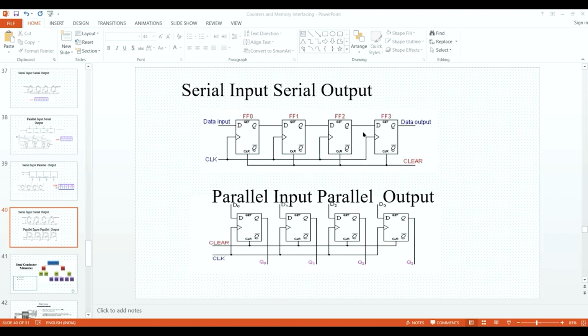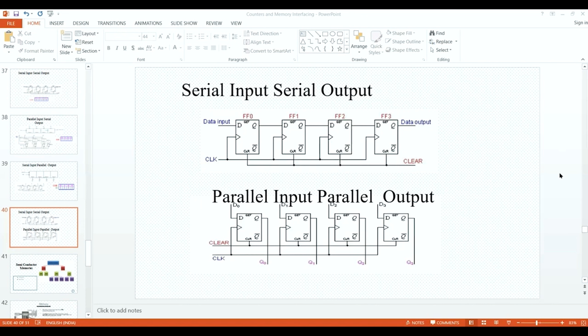When you transfer data using LAN, you're talking about SISO, which is serial input, serial output. But on the other hand, if you talk about USB, where a large chunk of data is to be transferred, it is parallel input, parallel output. I hope this is clear.